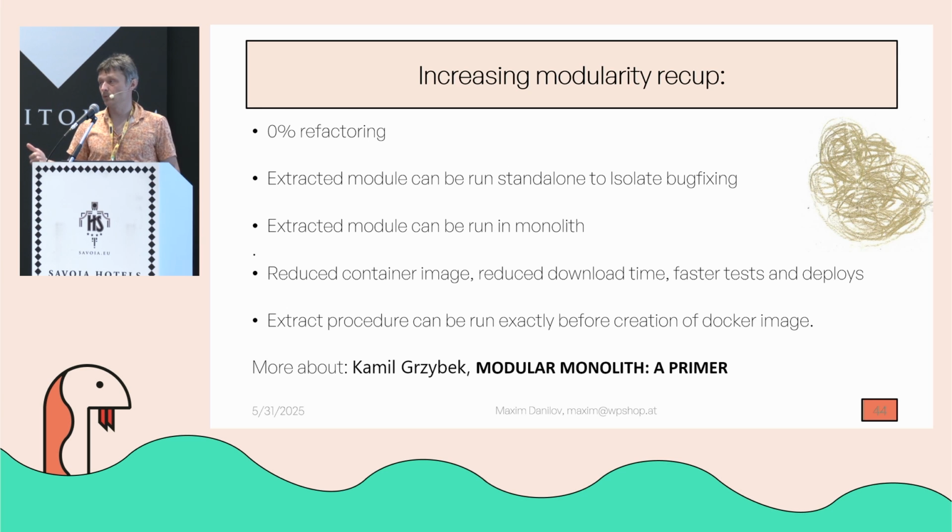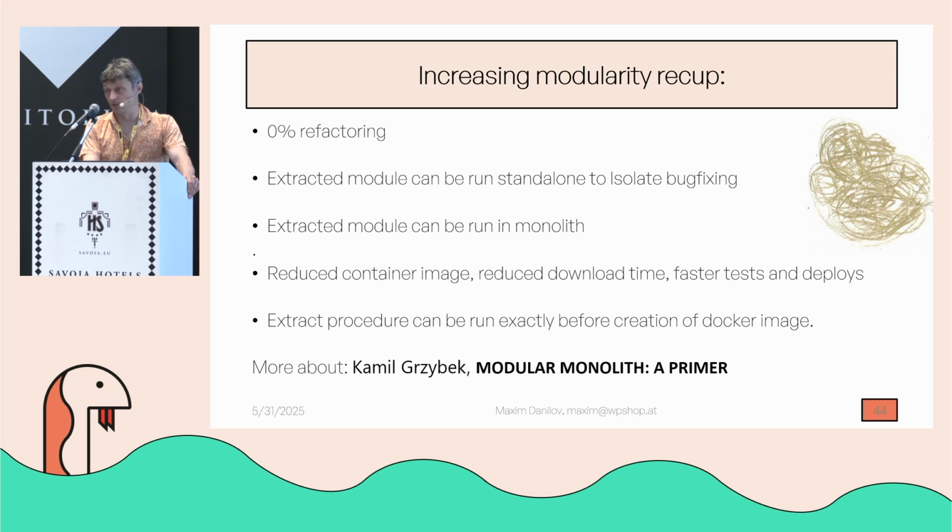In this case, we do 0% of refactoring. We can run the extraction right before creating the image for the container. Okay, the extracted module can be run standalone and used to isolate bug fixing.